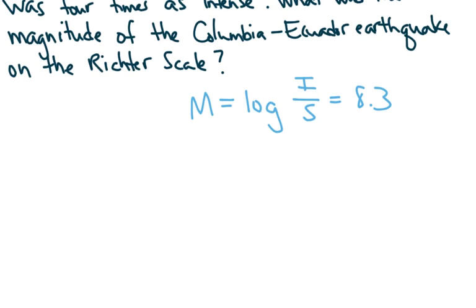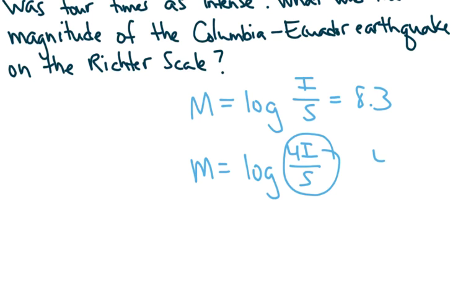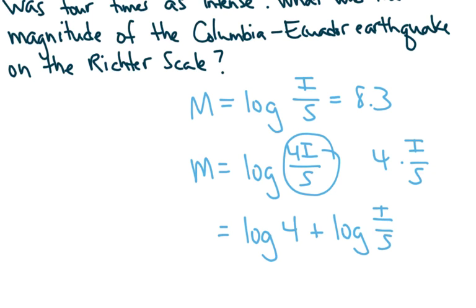And we know that the Colombia-Ecuador earthquake was 4 times as intense, which means I'm going to multiply I by 4. I'm actually going to use our properties of exponents to separate this. 4I over S is the same as 4 times I over S. So I can rewrite this as the log of 4 plus the log of I over S. But the log of I over S is 8.3.